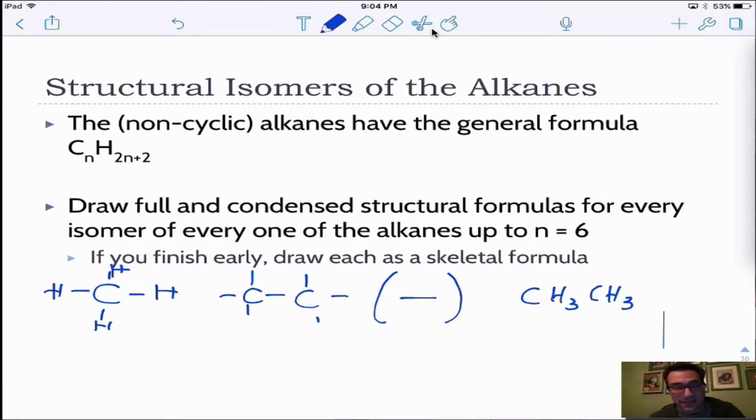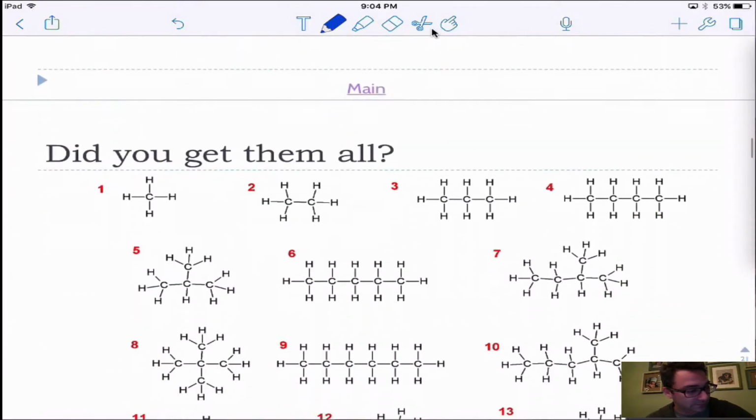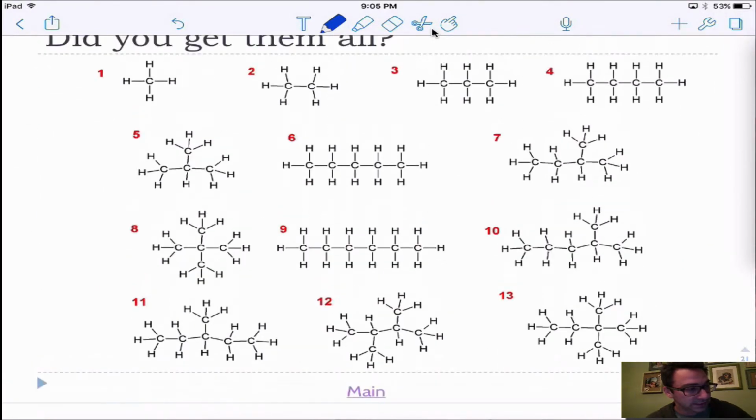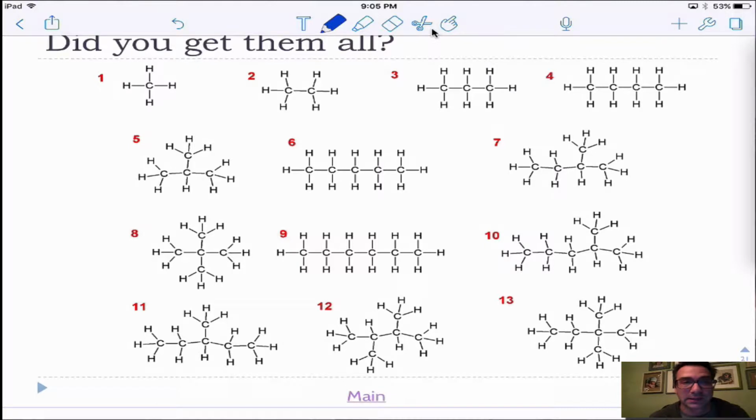So hopefully you got a bunch of them, and in fact if you were to draw them all there would be 13 of them in total, and they would look like this.